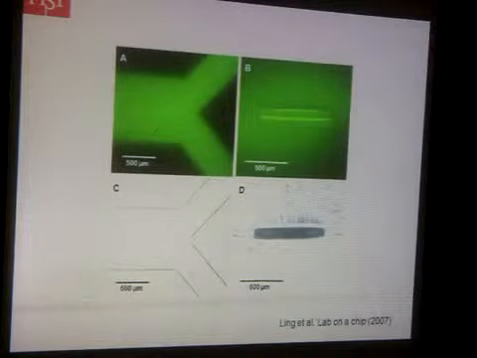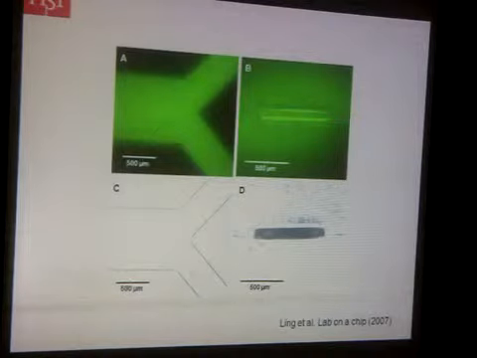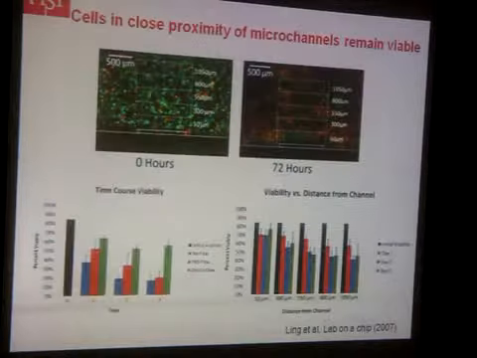You can flow liquids through the channel, but since the walls are also 90 to 95% water, the liquid can actually start diffusing in a radial direction. Here, if you flow a dye through this channel, initially it's all restricted to the channel, but if you cut a cross section after a certain time and look at it, you start seeing the dye penetrating all over. And this can start mimicking more tissue-like behavior.